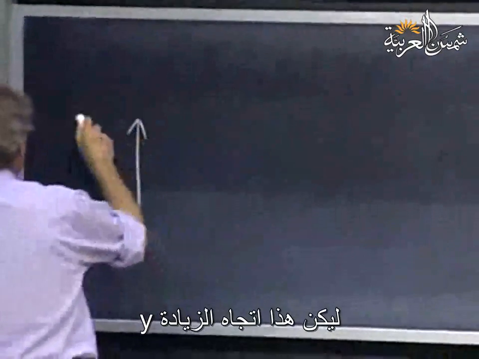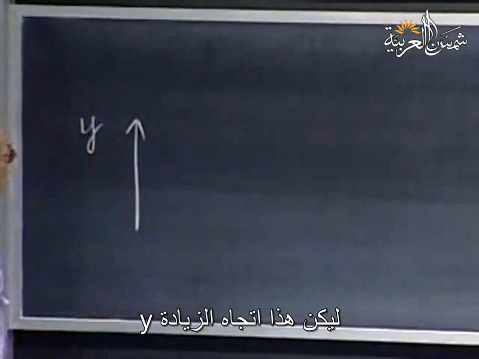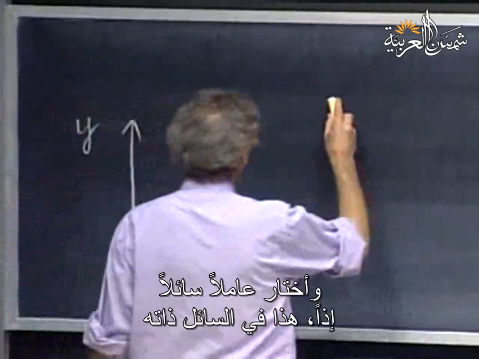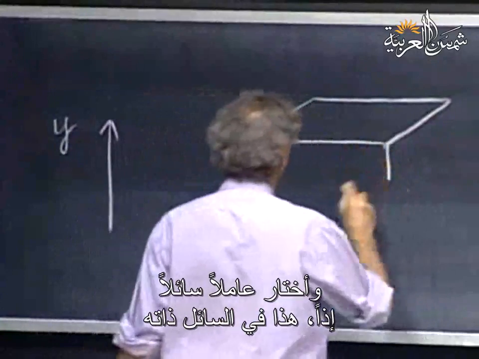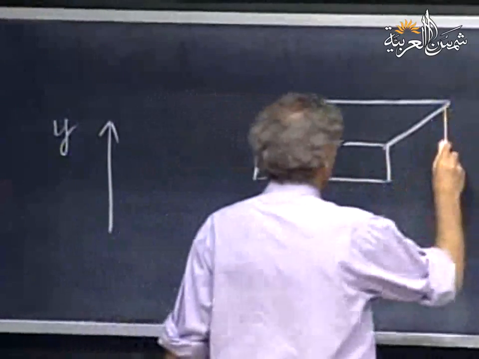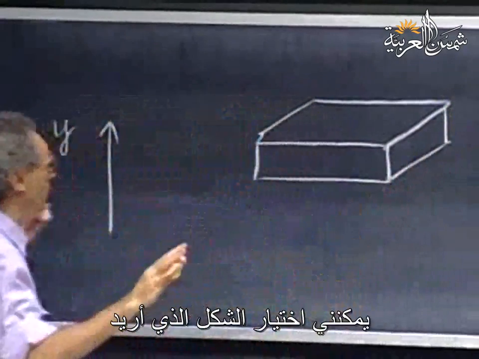Let this be the direction of increasing y, and I choose a liquid element, so this is in the liquid itself. I can choose it in any shape that I want to.